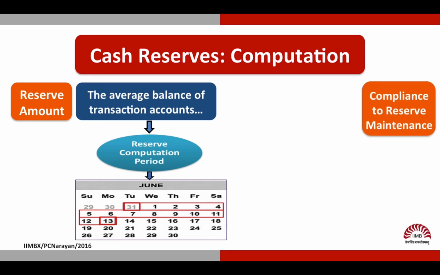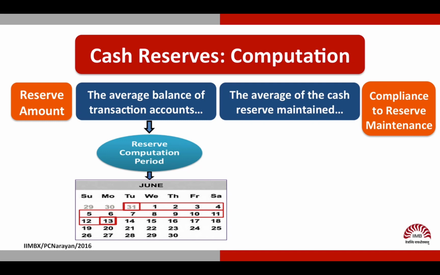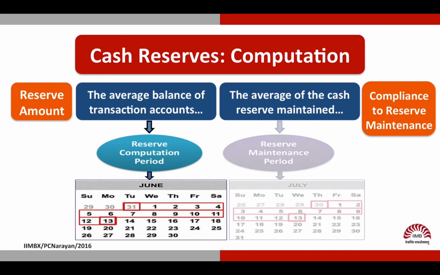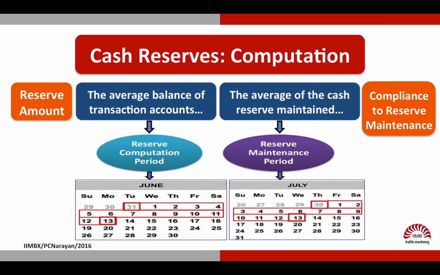Correspondingly, compliance to reserve maintenance is also measured by the average of the cash reserve maintained over the reserve maintenance period. Any excess reserve maintained by the bank during the reserve maintenance period will be given credit in the subsequent reserve maintenance period.